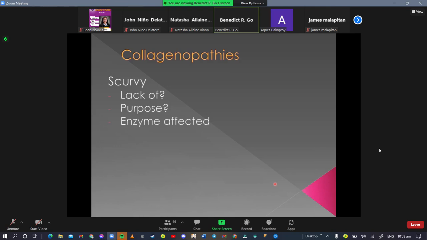Without vitamin C, you cannot synthesize collagen, Doc. You can synthesize collagen, but it's going to be a faulty collagen. What is the main defect biochemically if you have no vitamin C?